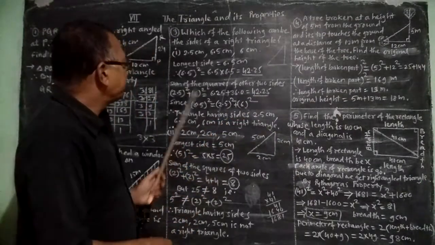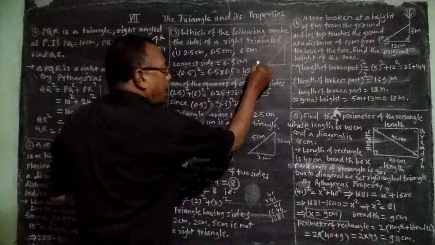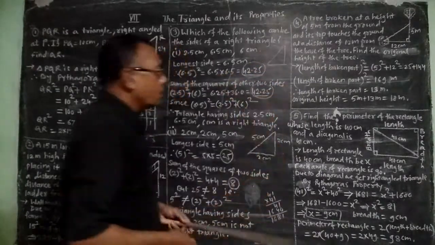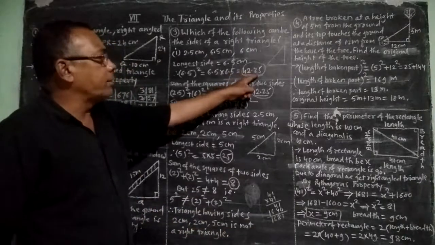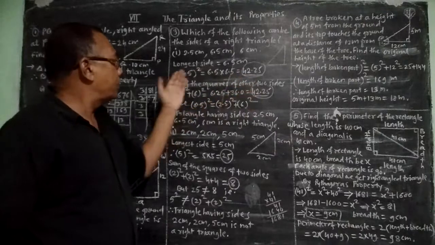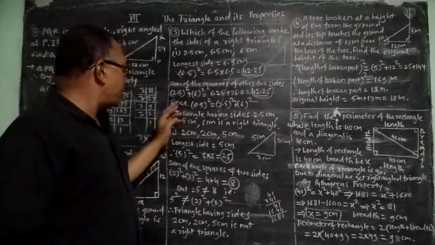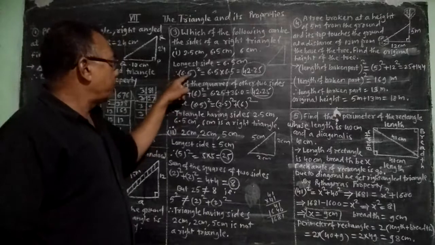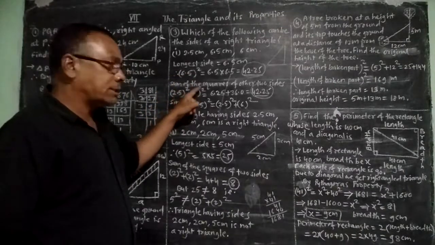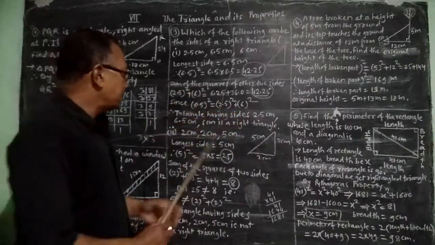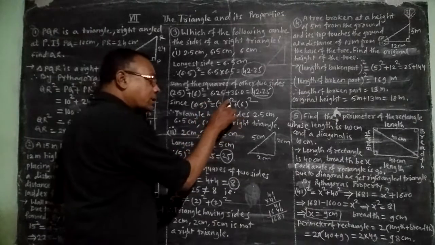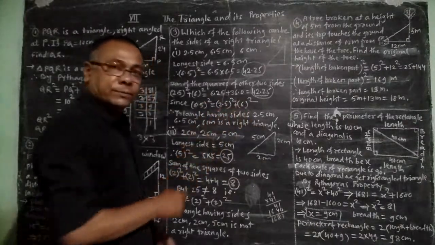It is seen that the RHS of both of these is 42.25, again 42.25. Means the RHS are equal, and therefore the LHS must be equal. So we can write here that 6.5 square is equal to 2.5 square plus 6 square. Means hypotenuse square is equal to the sum of the squares of the remaining two sides.